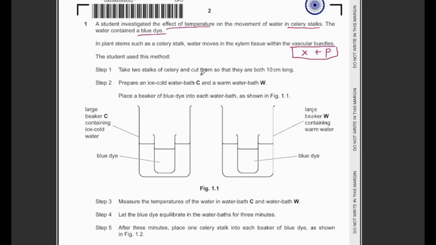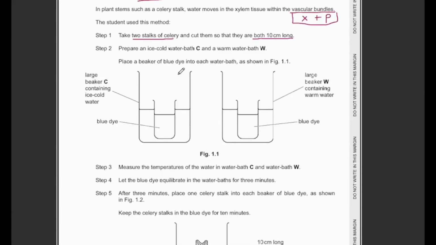Now the student used this method. The first step is: take 2 stalks of celery and cut them so that they are 10 centimeters long. Prepare an ice cold water bath, C, and a warm water bath, W. C is for the cold water and W stands for the warm water bath. Place a beaker of blue dye into each water bath.